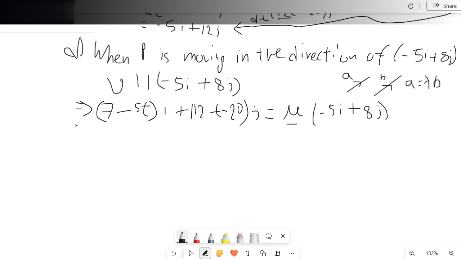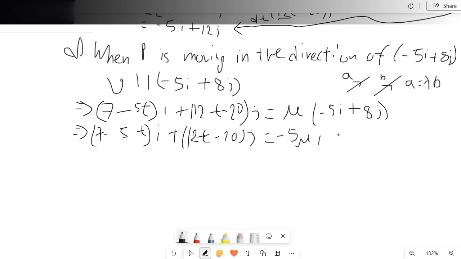So we can say that 7 minus 5t, plus 12t minus 20 whole multiplied with j, is equal to minus 5 mu i plus 8 mu j. Therefore, equating the i components, 7 minus 5t is equal to minus 5 mu, and so we can make mu the subject to get 7 minus 5t whole divided by minus 5.